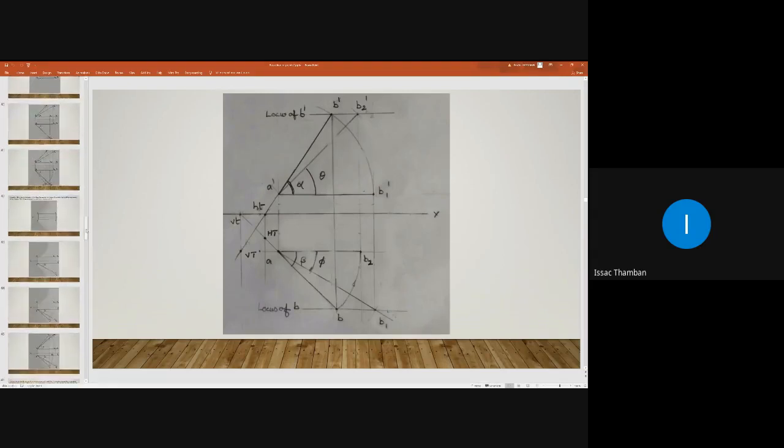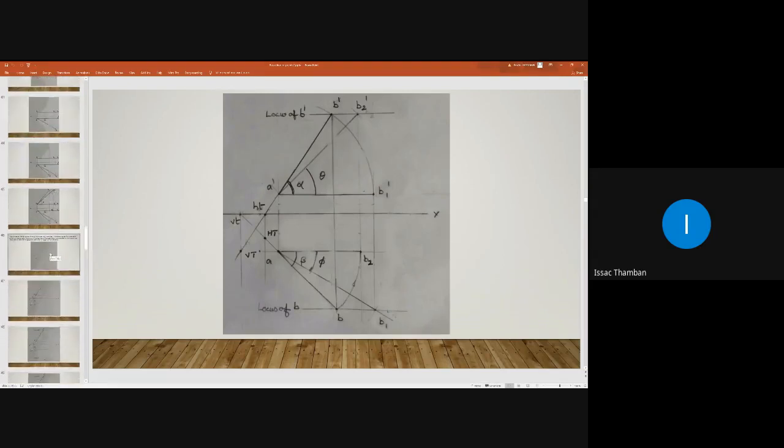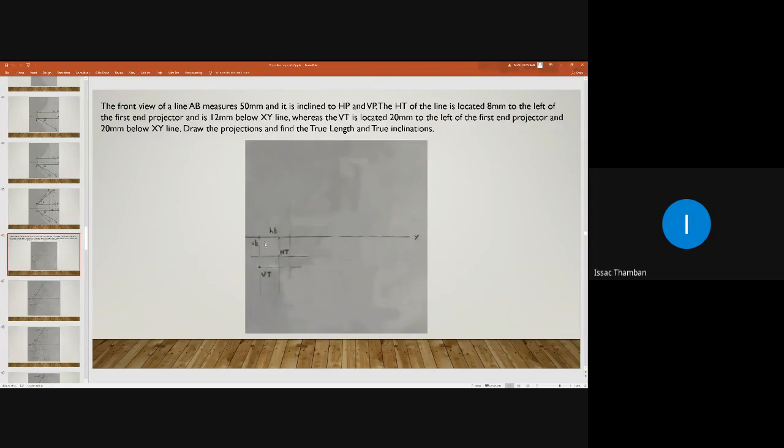So let us return to our problem. So here we obtain small v, small h, capital VT and capital HT. What next? You can join VT, that is the vertical trace, and the small h.